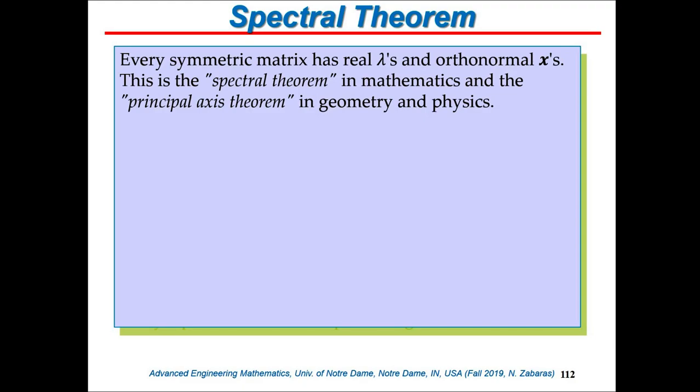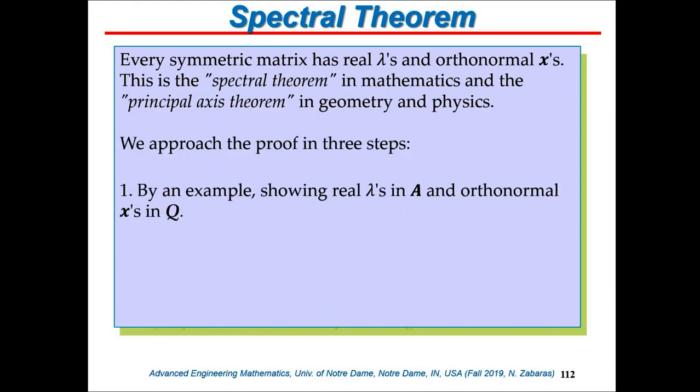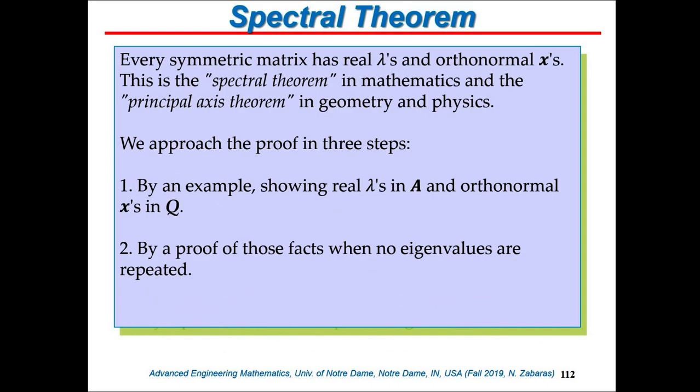All right, so we now have to prove that for a symmetric matrix, the eigenvalues are real and the eigenvectors are orthogonal, right? The proofs are not very difficult, and we're going to try to highlight how you do this.